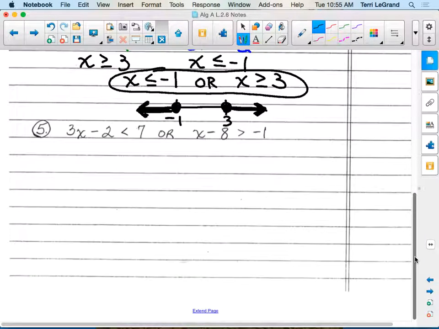Okay, let's just do one more together, and then we should be ready to start on that fairly short homework assignment that you have. So what are we going to do in this one? The 3x minus 2 is less than 7. Samuel, you tell me the first step. I make it 3x plus -2. Okay.